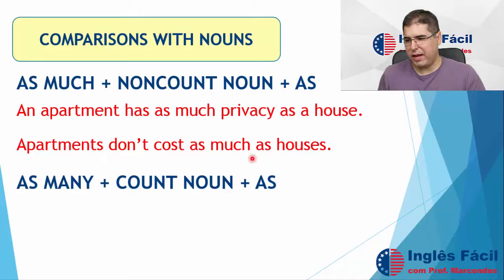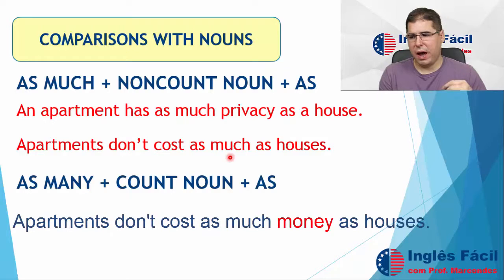So here actually the noun is missing, right? It would be money. So it's normal to use sentences with cost when we use the verb to cost, and we can omit the noun money, okay? So it means apartments don't cost as much money as houses.